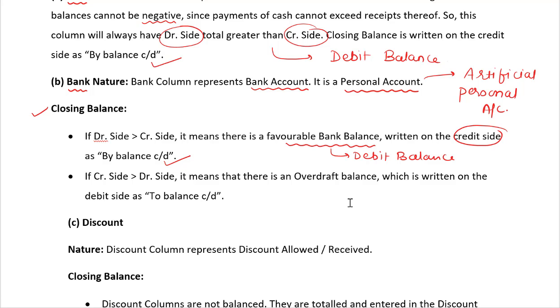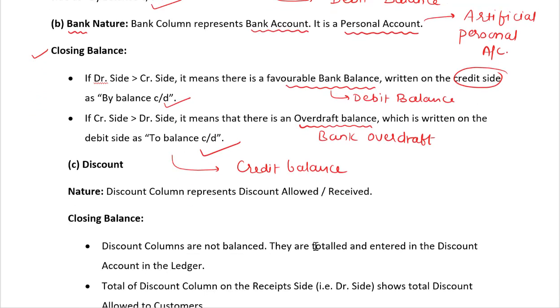If the credit side total is greater than the debit side, this means what? This is the overdraft balance, bank overdraft, which is written on the debit side, to balance carried down. This is a credit balance. I hope you are clear till here.